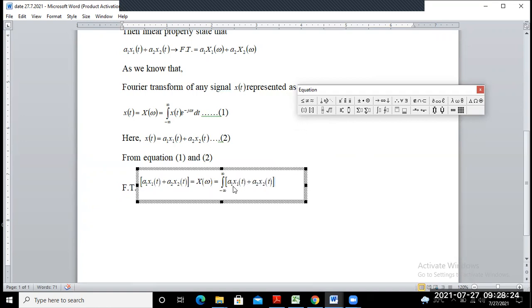Here you put the value of x(t), that means a1 x1(t) plus a2 x2(t), and e to the power minus j omega t dt.